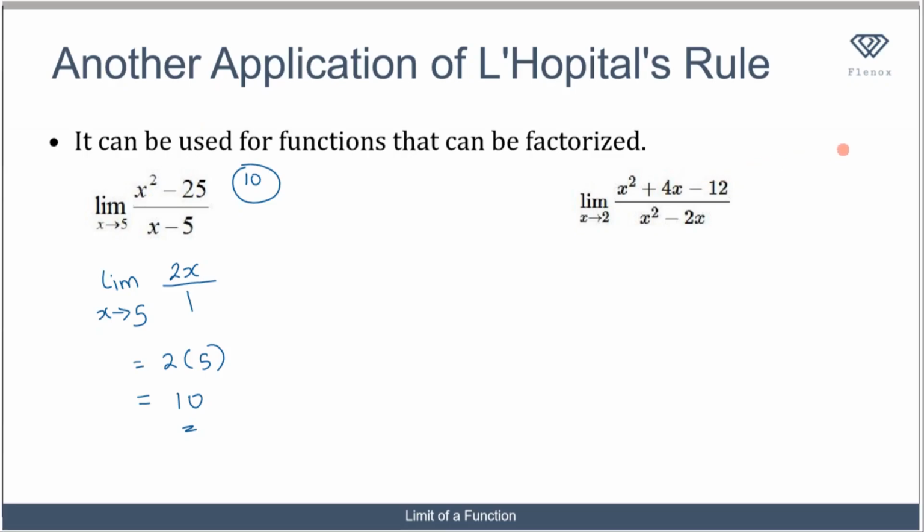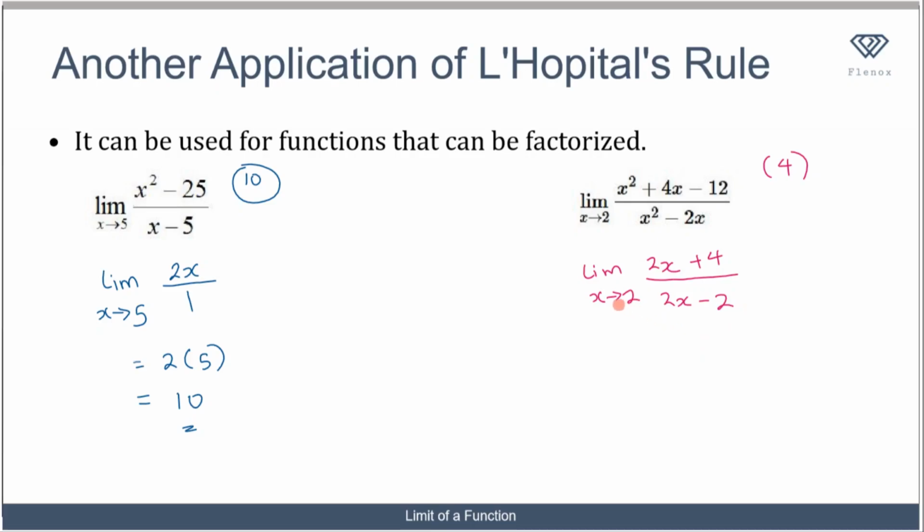Now in the second example we solved, we worked out the limit to be equal to 4, and we used factorization. So let's see if L'Hopital's rule can also be used. Applying L'Hopital's rule, we differentiate the numerator: when we differentiate x squared we get 2x, when we differentiate 4x we get 4, and this becomes 0. Then over, when we differentiate x squared we have 2x, and when we differentiate minus 2x we get minus 2.